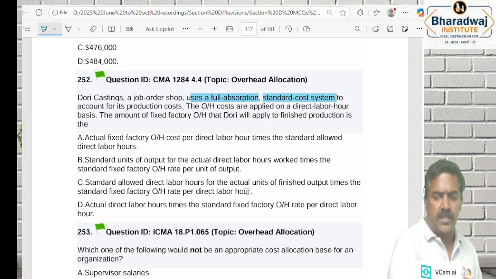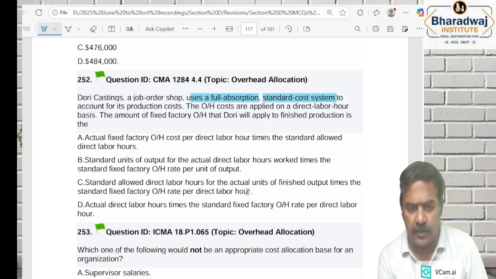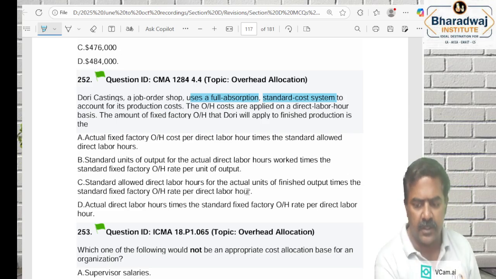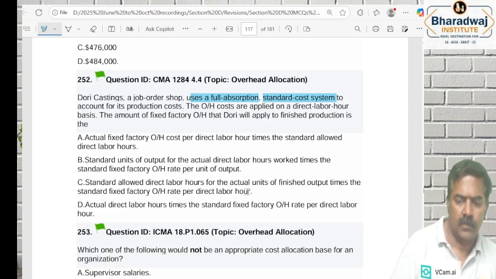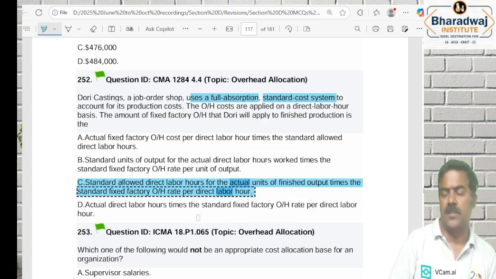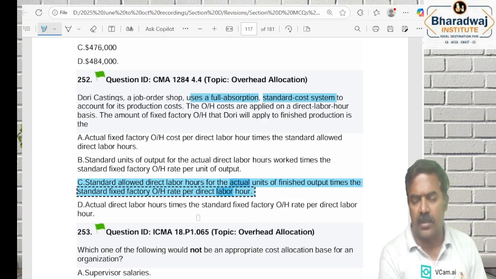Full absorption costing and which one? Standard costing system to account for production cost, they have given. Standard allowed for the actual units into standard factory overhead rate. Answer is C.